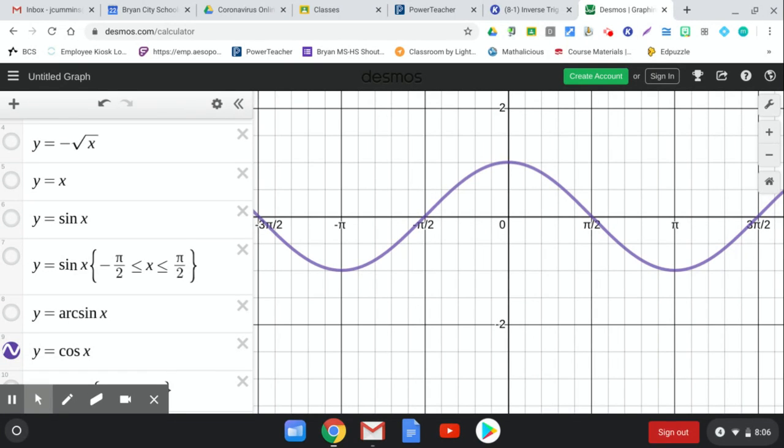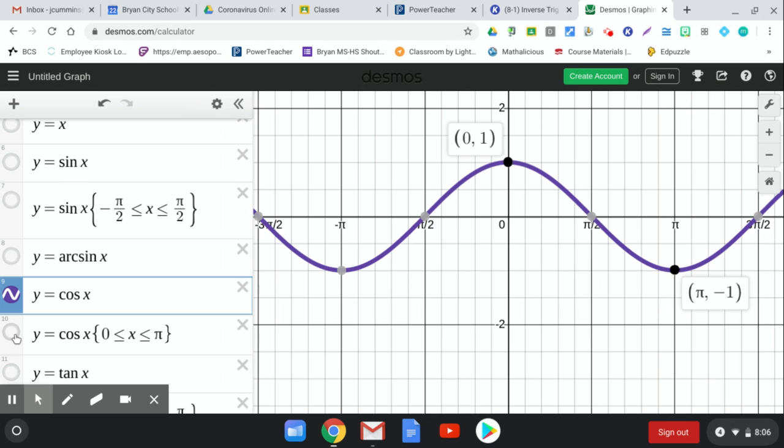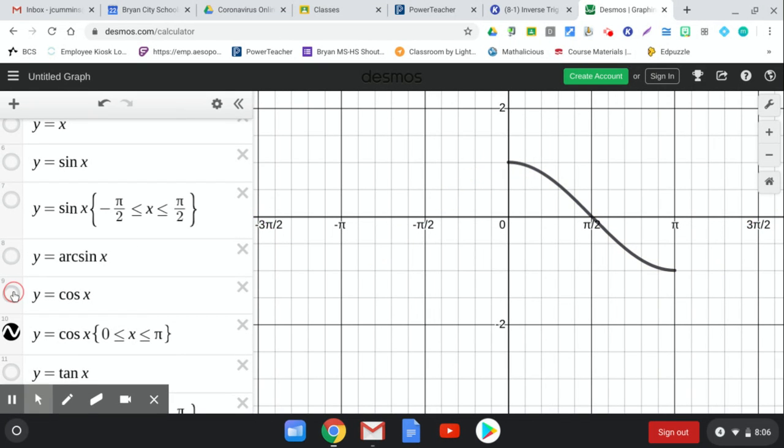Again, I want to think about the biggest section that will pass a horizontal line test, and that will be from here to here. So when we restrict cosine, we are going to go from 0 to pi. That's a little bit different, and we'll just take that segment of it.